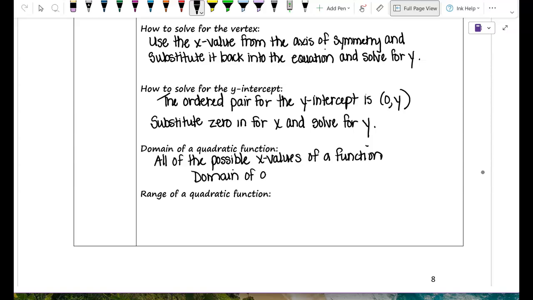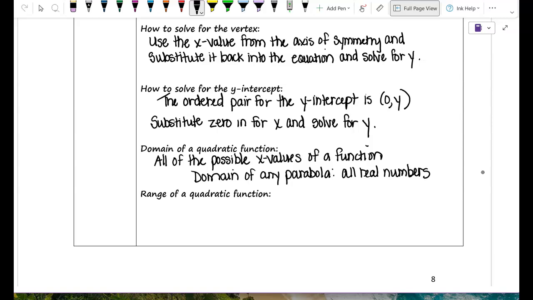Yep, the domain of any parabola is all real numbers. In other words, what that is telling us is there is no restriction on the values of x that I can put into the function.